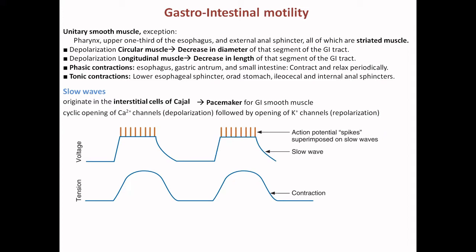The slow wave is not an action potential, but it determines the pattern of the action potential that we can see at the peak of the slow waves. There are action potential spikes superimposed on the peak of the slow waves.